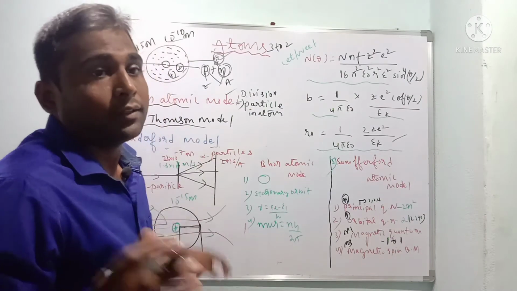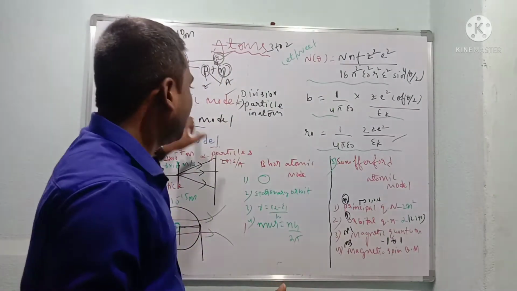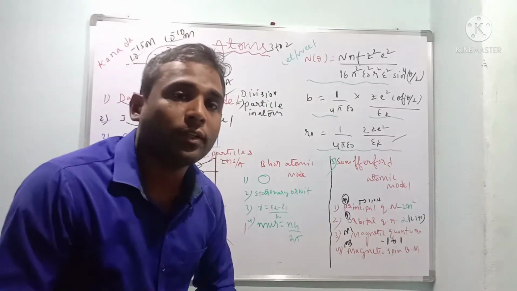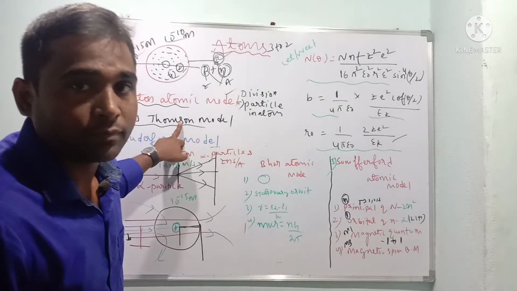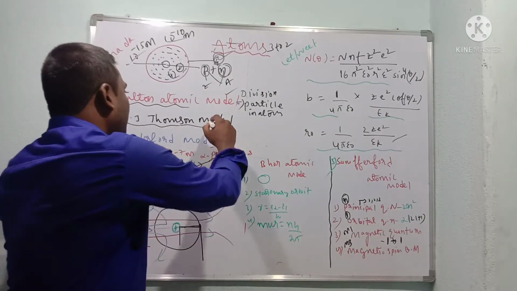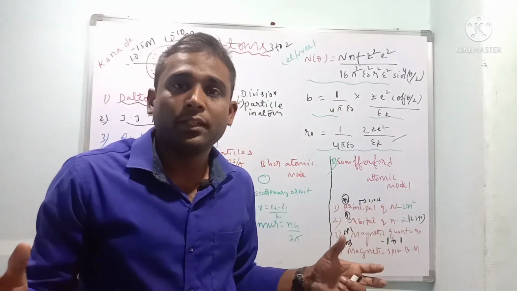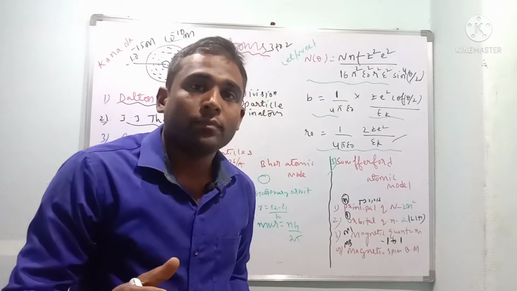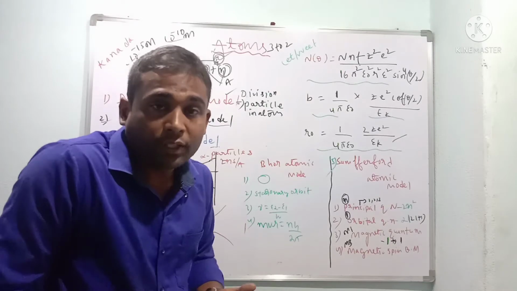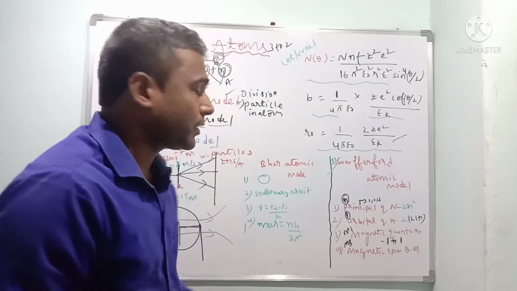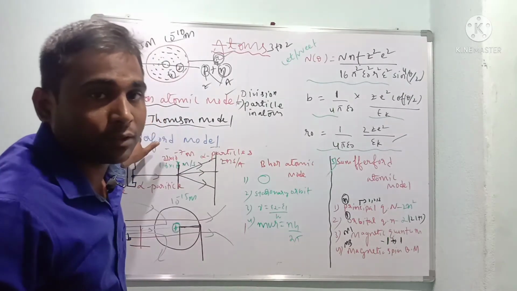The clear information about protons and electrons, which was not explained by Dalton, is given by the Thomson model. Thomson divided the protons and electrons separately, and said the atom is electrically neutral, with the number of protons equal to the number of electrons.